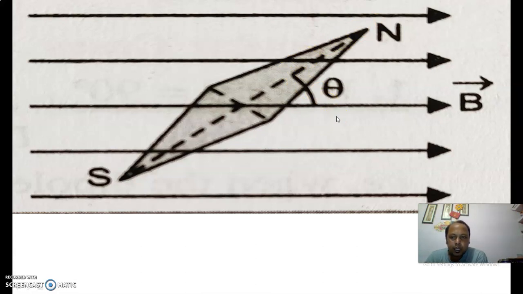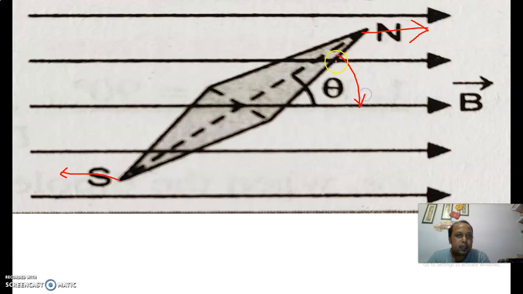Now in this situation it will experience a torque, because forces act on it in opposite directions. A force acts on this end along the direction of the magnetic field, and at the south pole it acts along the opposite direction, because of which it experiences a torque.